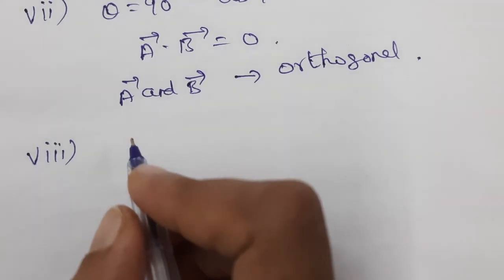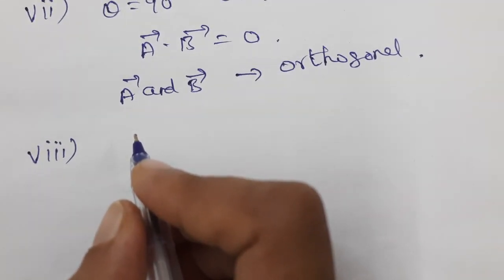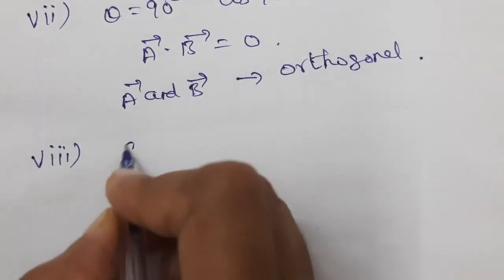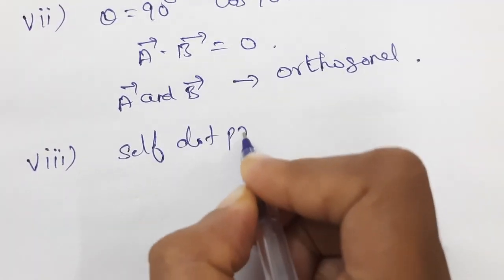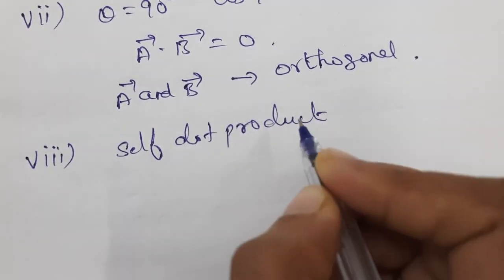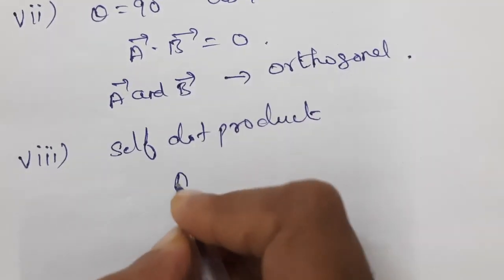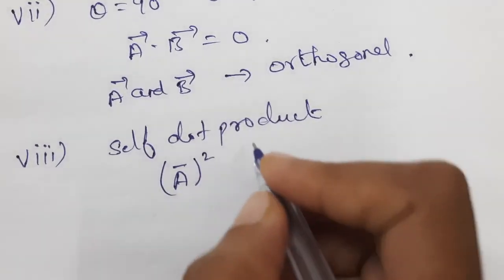The scalar product of a vector with itself is termed as self dot product. Self dot product, that means given by A vector square.